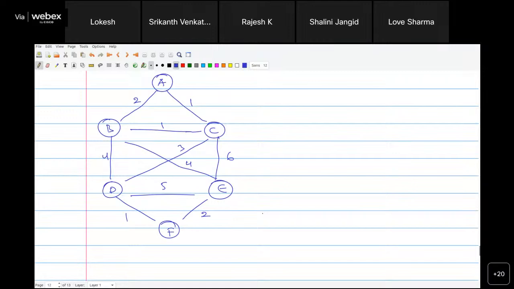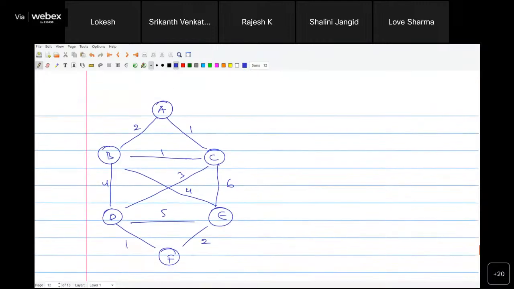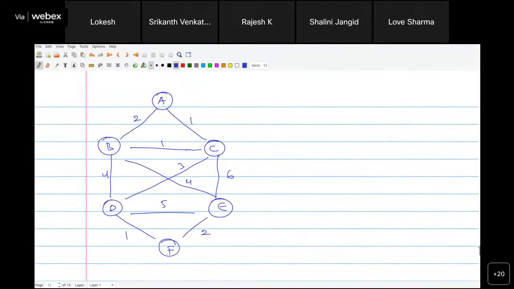Now I am interested to find the shortest paths to every other vertex from vertex A. So this is my source vertex, and this vertex is fixed now. This is how the algorithm goes.